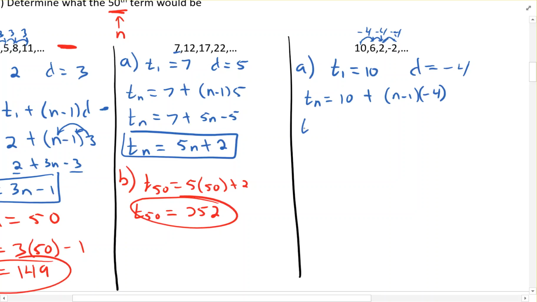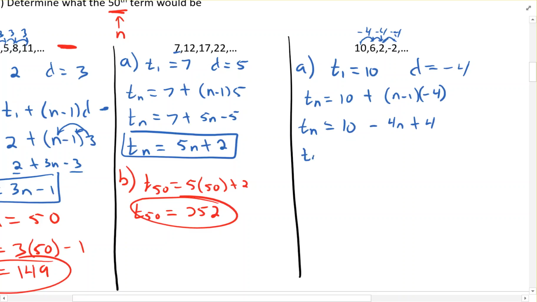Then Tn is equal to 10 plus negative 4n plus 4. Up front here, I can rewrite this as minus 4 because it was plus negative 4. So that's what we got so far.